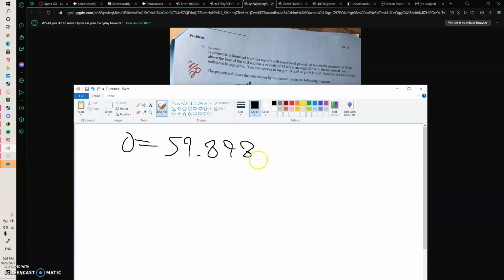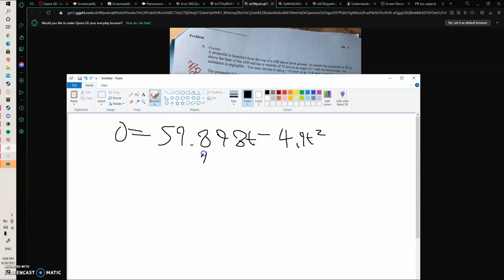I believe it was part B. We actually managed to get something that would look like this, right? And this is obviously our Vy.